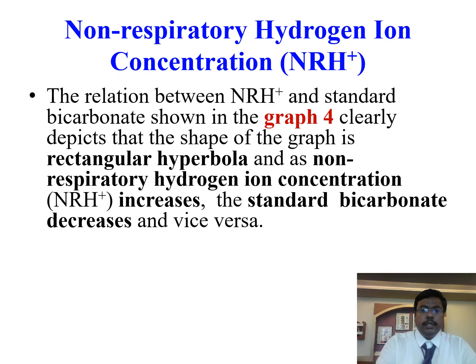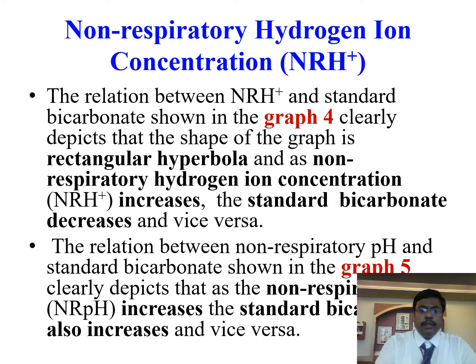The relation between NRH plus and standard bicarbonate shown in graph 4 clearly depicts that the shape of the graph is a rectangular hyperbola, and as non-respiratory hydrogen ion concentration increases, the standard bicarbonate decreases and vice versa. The relation between non-respiratory pH and standard bicarbonate shown in graph 5 clearly depicts that as the non-respiratory pH, NRPH, increases, the standard bicarbonate also increases, and vice versa.